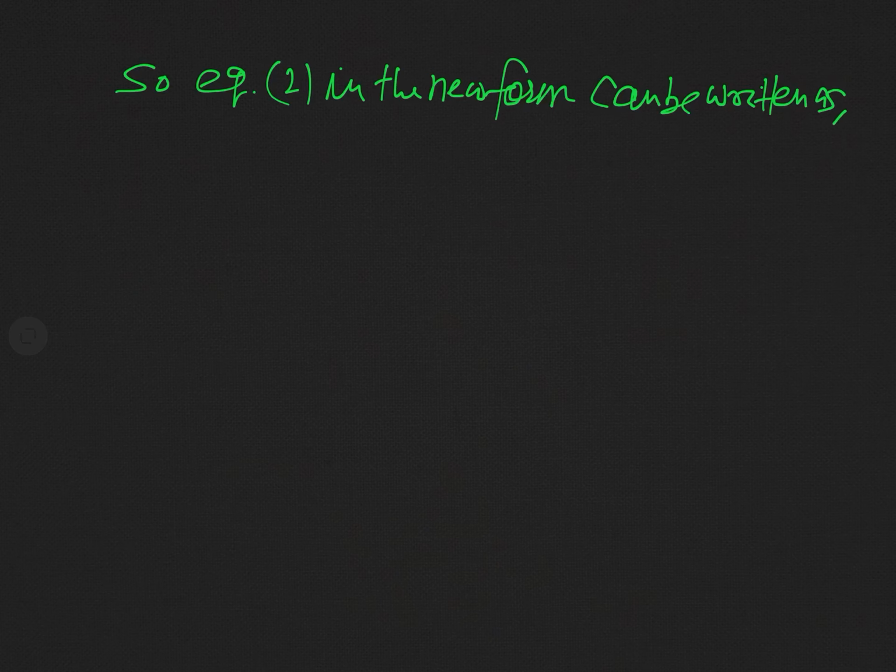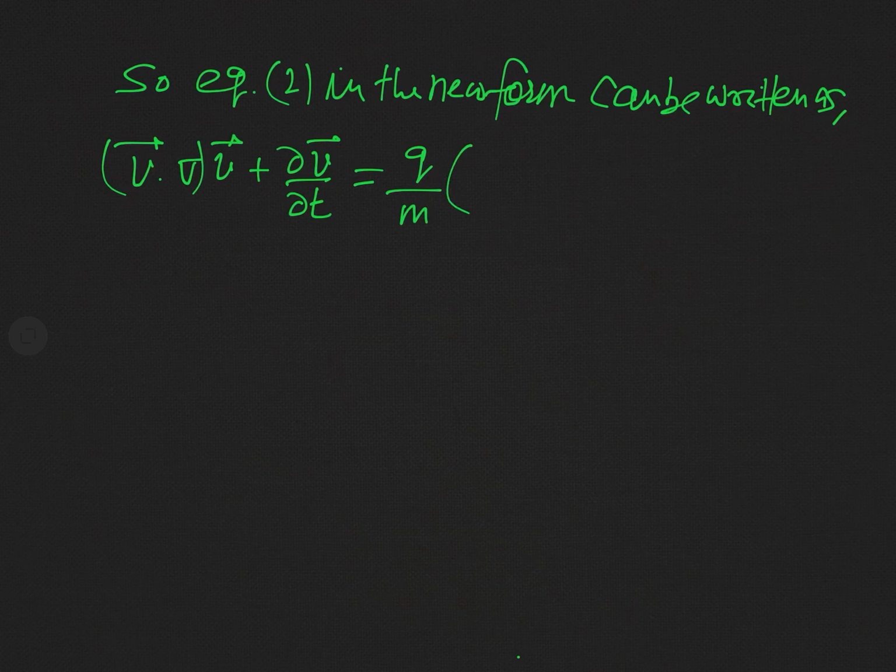We can write v dot del v plus del v by del t, and this is equal to q by m into E plus V cross B. Say this is equation 4.